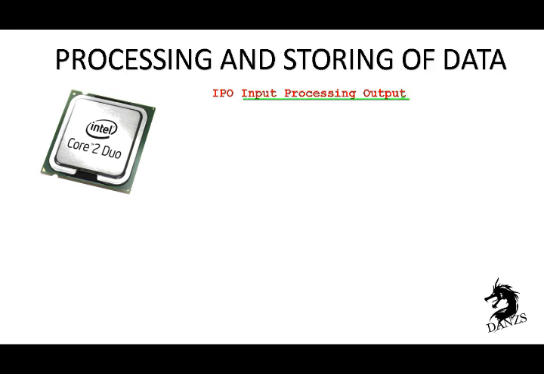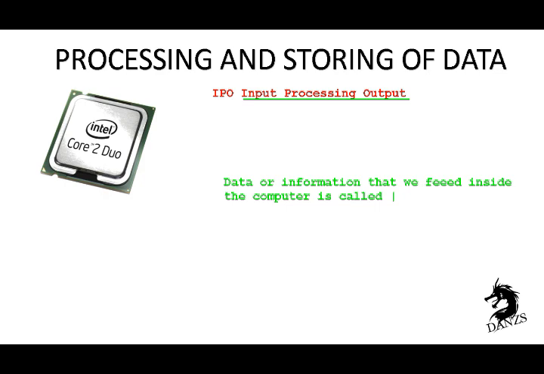Input, processing, output, which is also known as IPO. Whatever data or information that we feed inside the computer is called what? Input.